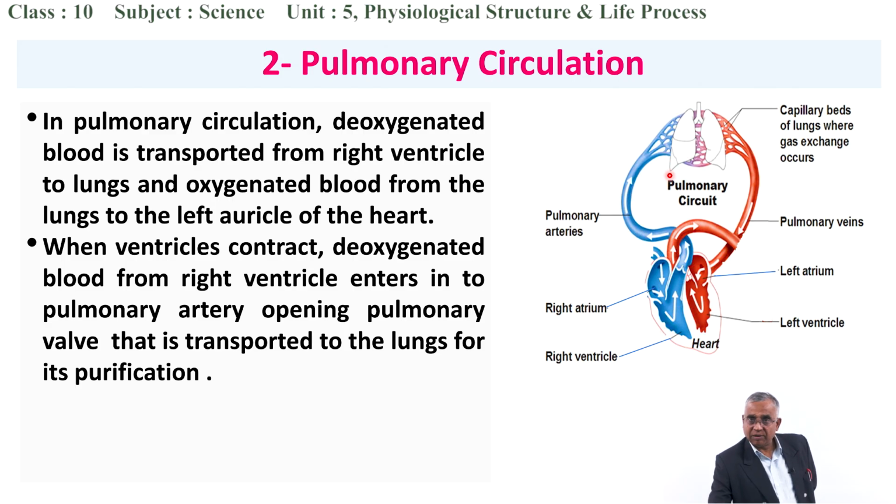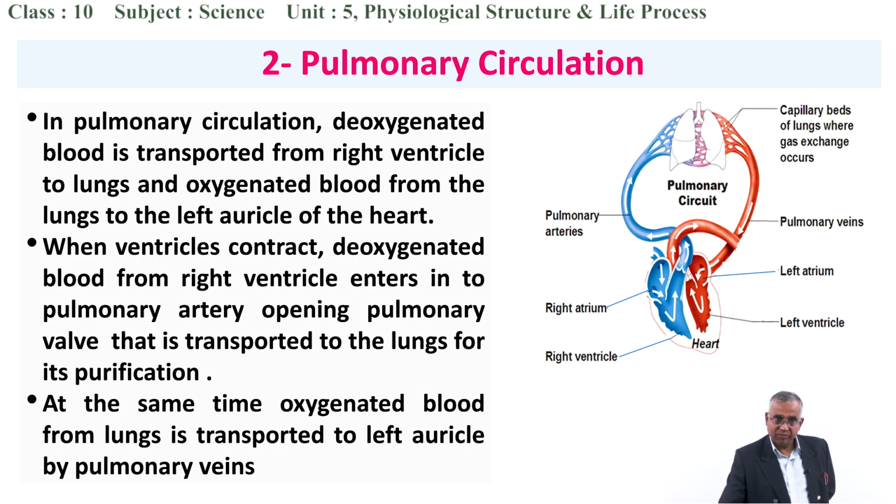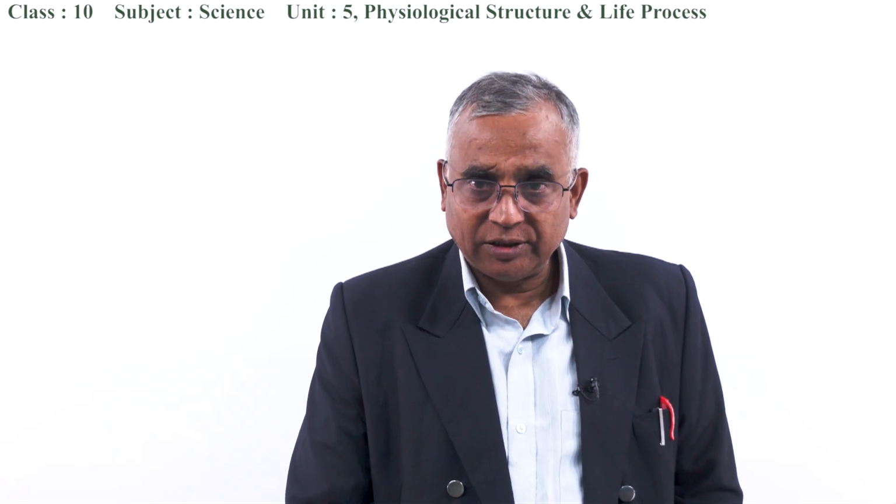There oxygen and carbon dioxide are exchanged and pure blood comes back. At the same time, pure blood comes back into the left auricle through pulmonary veins. So here we understood pulmonary circulation and systemic circulation in parts.